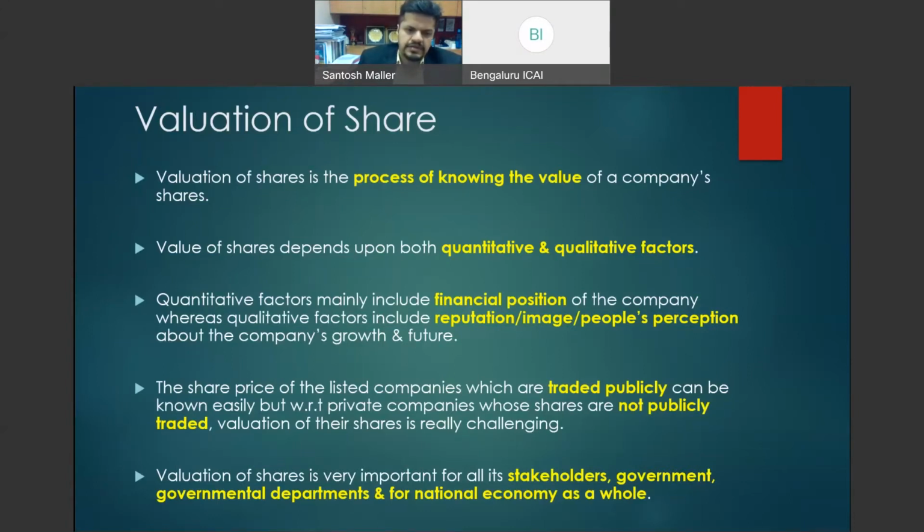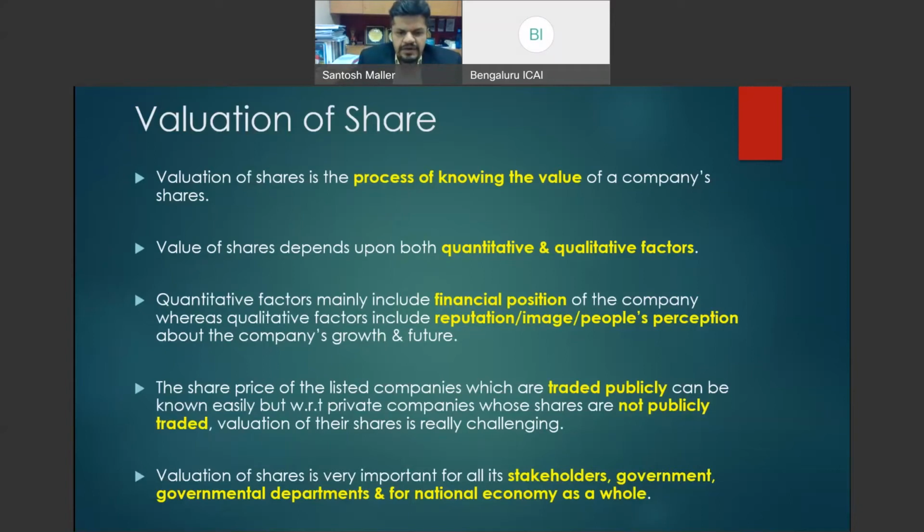So one may dig into the MCA website and get the last financial statements from the ROC, and mind you, even the financial statements published by the ROC would not have the full picture. The P&L is not there; the balance sheet is there, and schedules are there. So again, that may have some challenge areas from the valuation perspective.